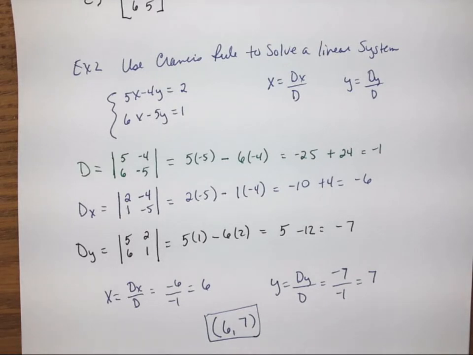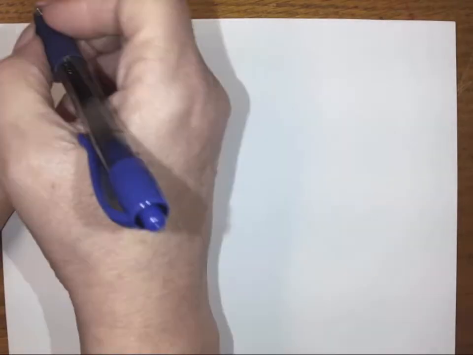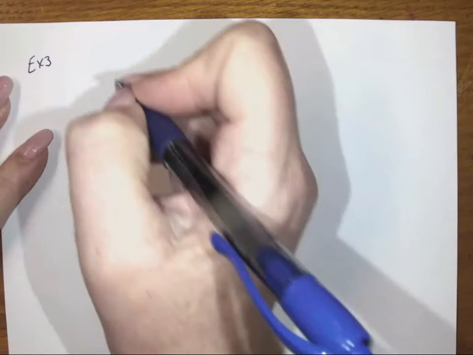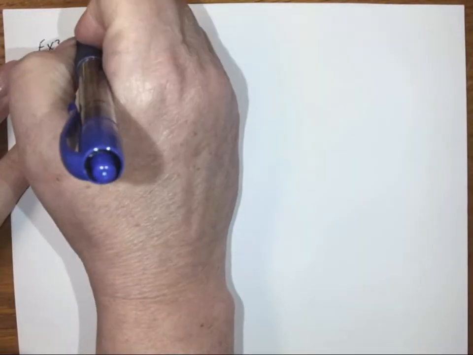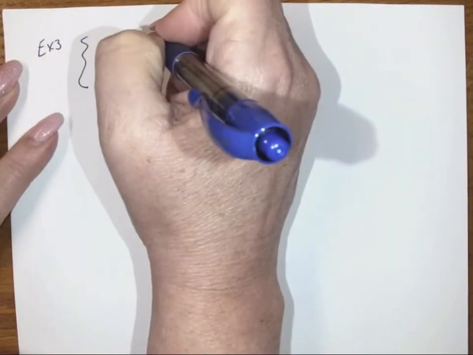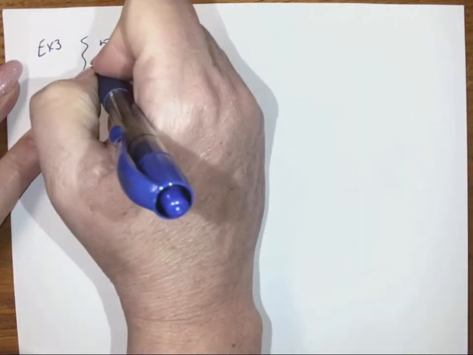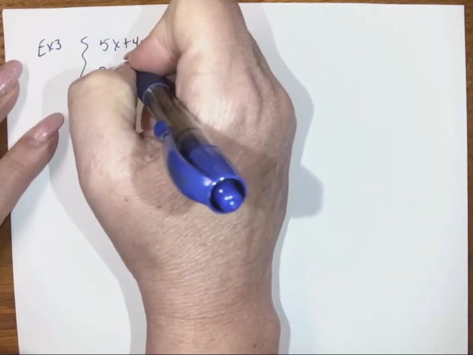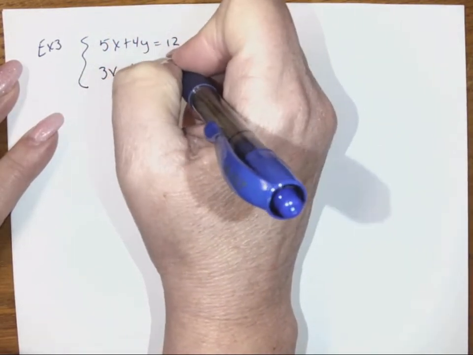All right, let's go do another example of Cramer's rule. So this will be example 3. We have 5x plus 4y equals 12, and 3x minus 6y equals 24.